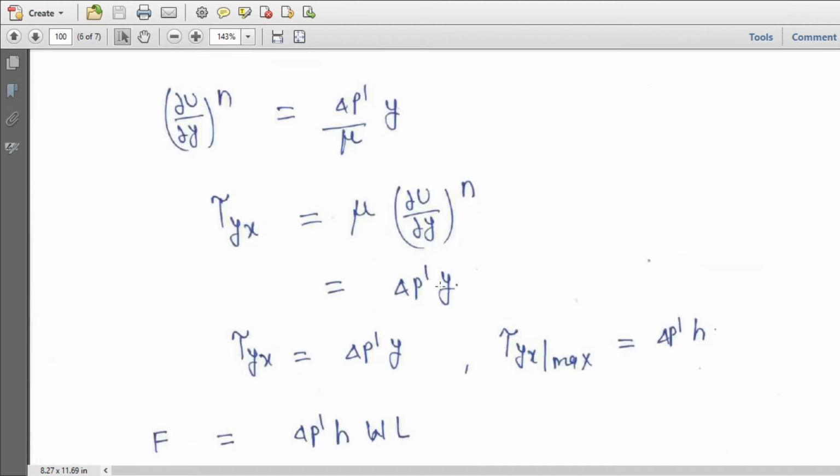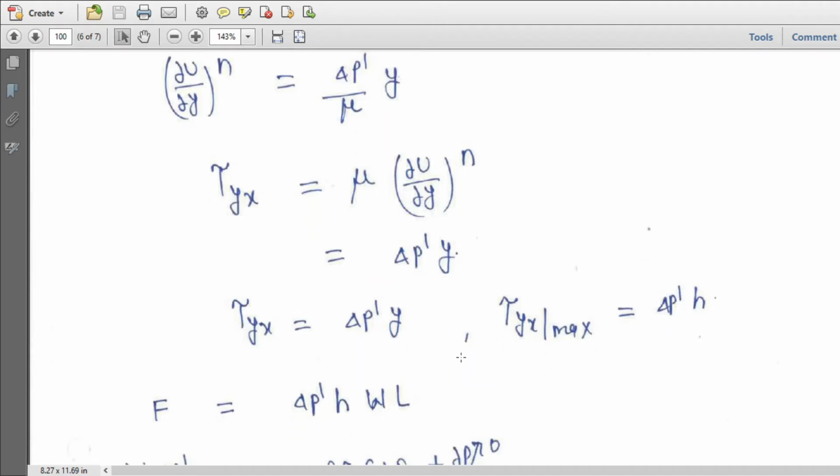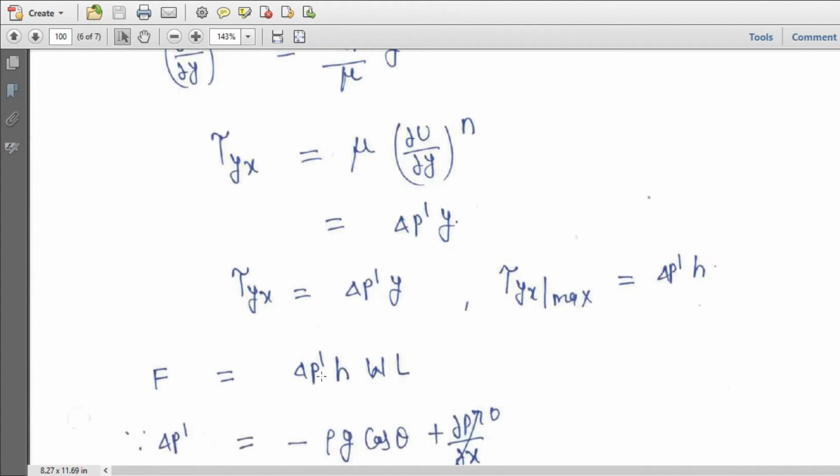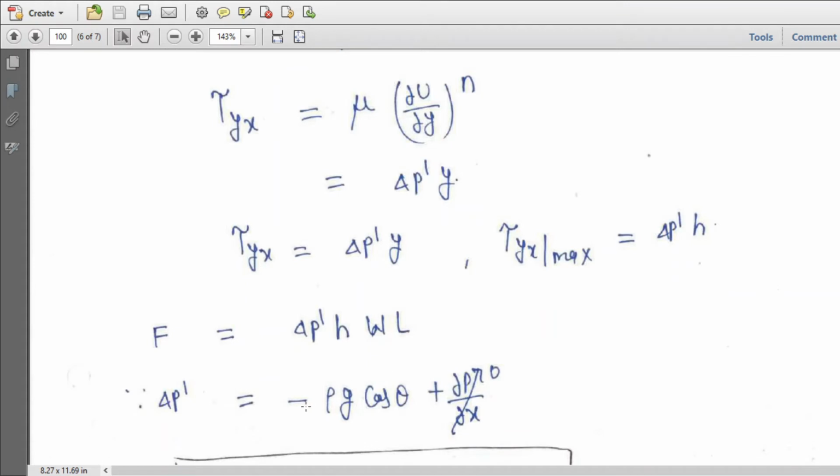So multiply by this and you will get this one. The maximum is at y equal to h. So the force on the plate is Δp' h into WL, where Δp' is −ρg cos θ, so that can be substituted here.